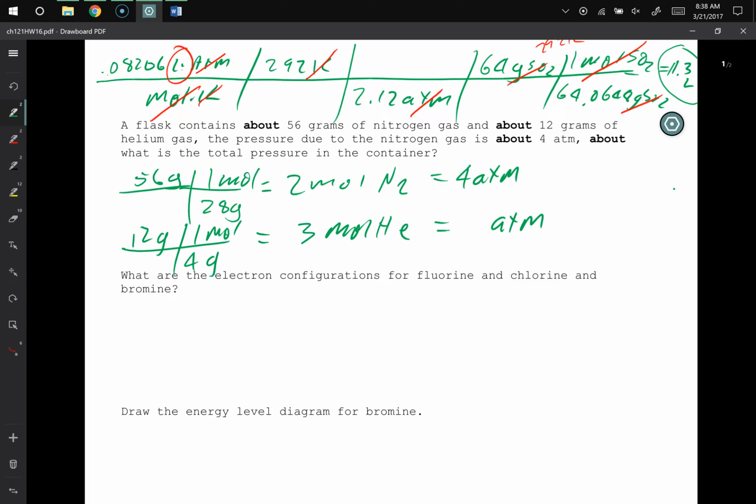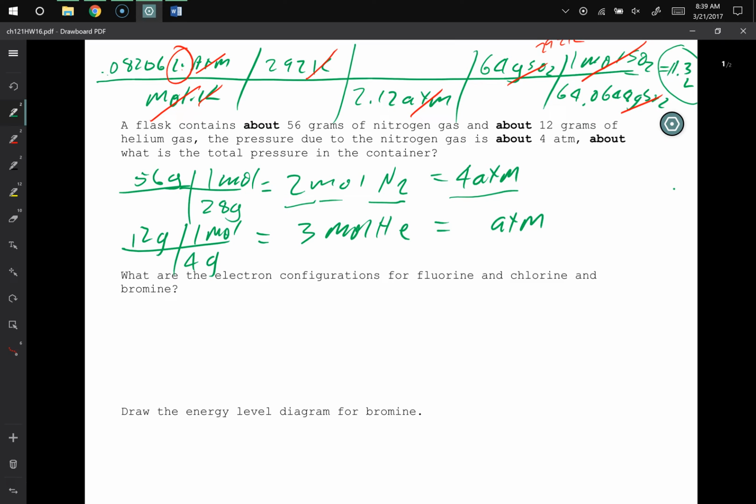Every mole is equivalent to how many ATM in this case? So I have 2 moles of nitrogen gas, and what's the pressure I get out of that? 4 atm. So what if I had 1 mole of nitrogen gas? What would the pressure be? 2. So every single mole of gas provides what?